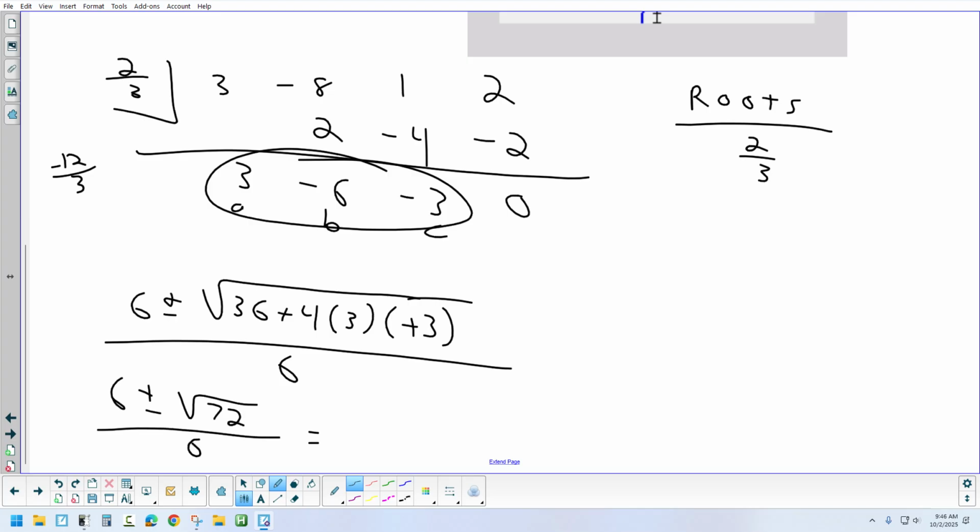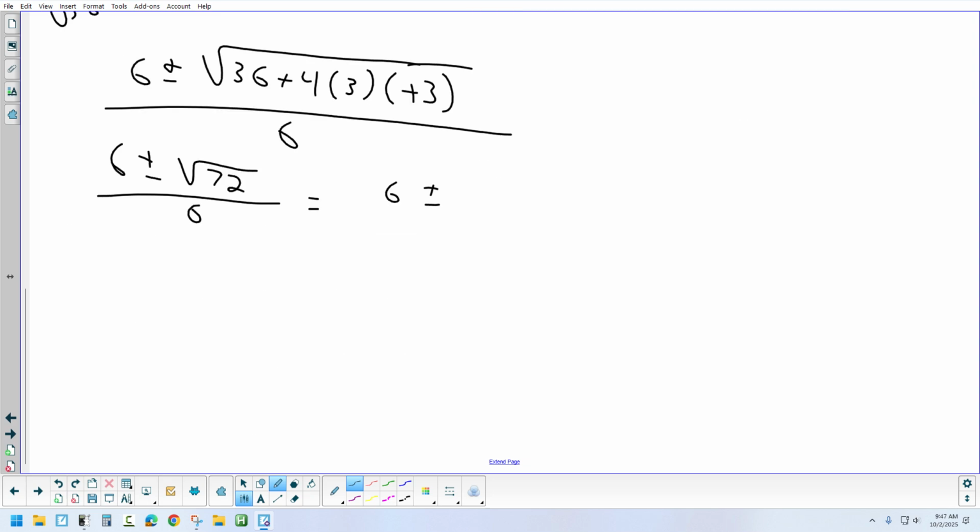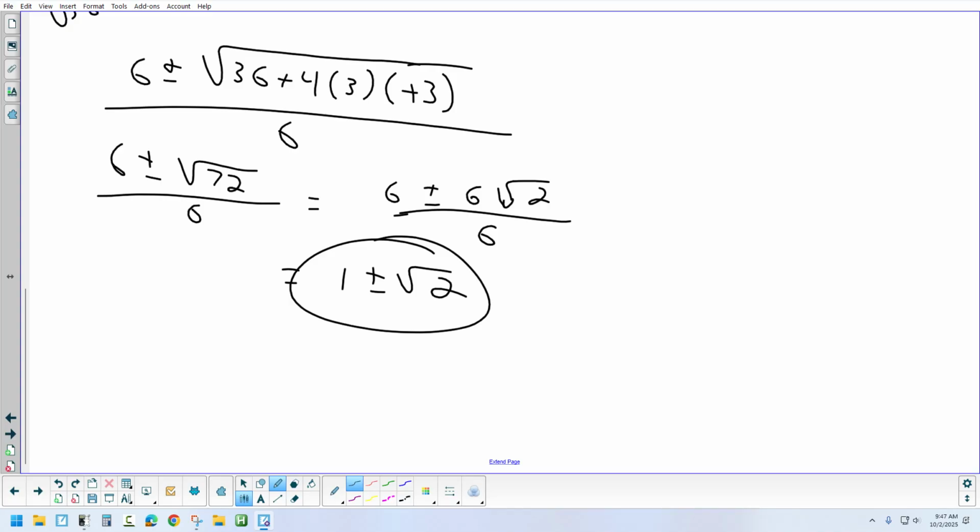But I can reduce that. Let's see, square root of 72 is 36 times 2. So that's 6 root 2. So 6 plus or minus 6 root 2 over 6. And everything there is divisible by 6. So final answer, 1 plus or minus root 2. Those are my other two roots.